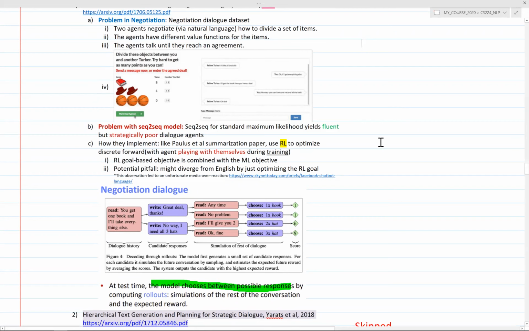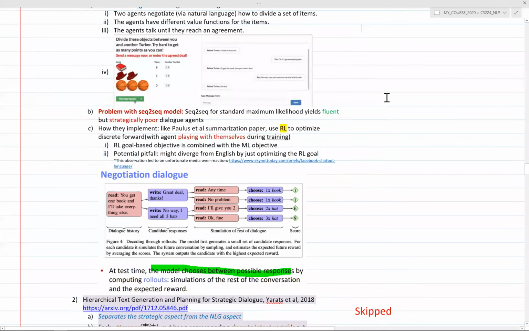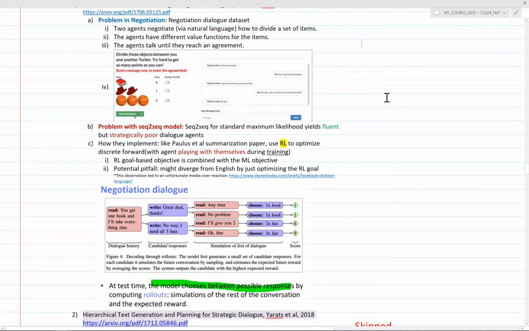So in this case, they use reinforcement learning to optimize the discrete reward, by first letting the agents play with themselves during training time, so that they could optimize their objective of getting the most optimal negotiation plan for themselves.